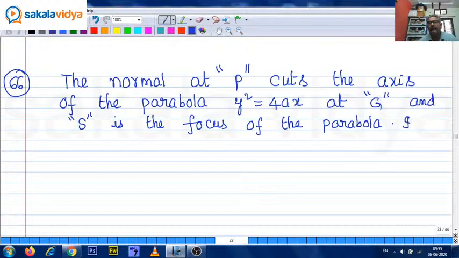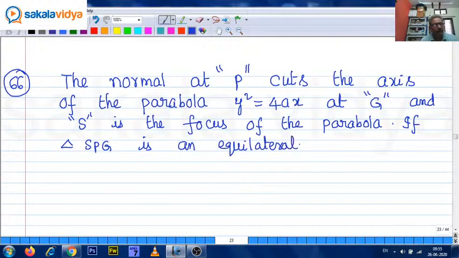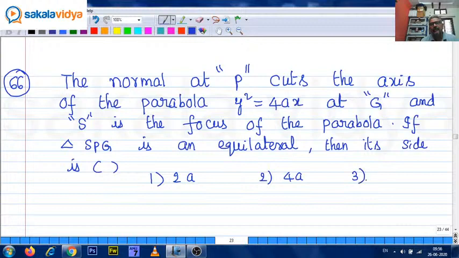If triangle SPG is an equilateral triangle, then its side is: first option 2a, second option 4a, third option 3a, fourth option a.